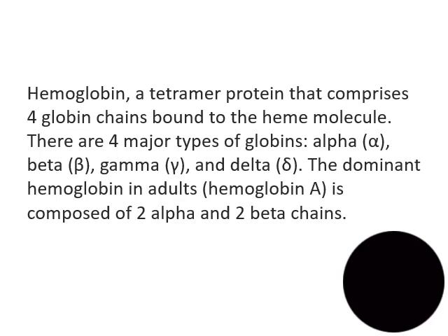The adult hemoglobin, the one that we rely on in our adult life, 6 months and beyond, is hemoglobin A1, composed of 2 alpha chains and 2 beta chains. So any genetic aberration in the gene encoding the beta chain or the alpha chain would result in reduced production of one of these chains.